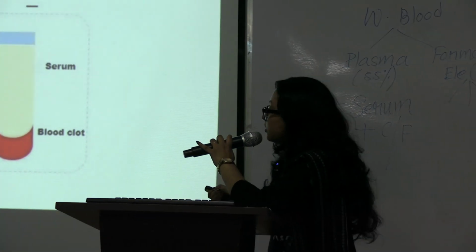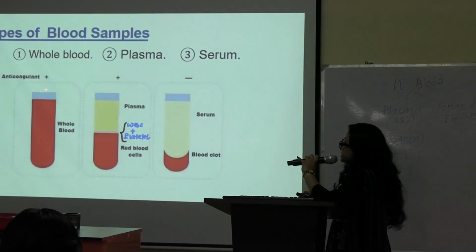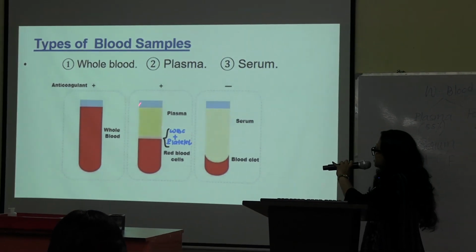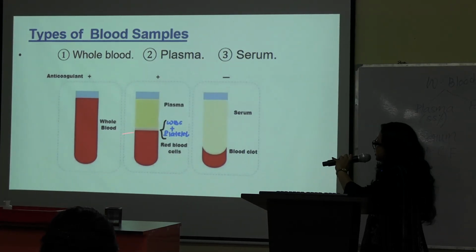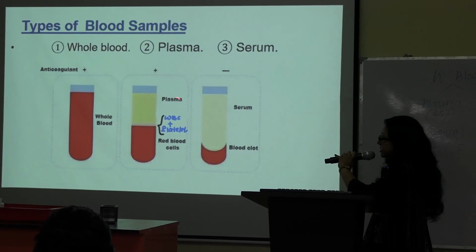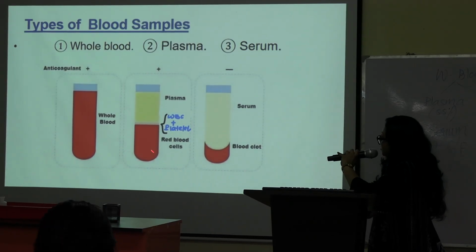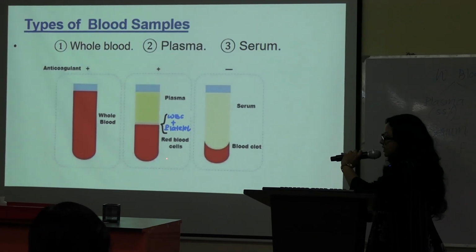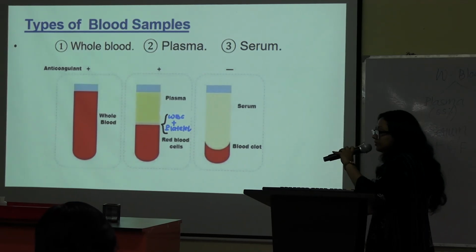So, this is the whole blood, this tube has anticoagulant. Okay? Now this tube is also having anticoagulant. If we centrifuge this tube with anticoagulant, we will get this supernatant, which is plasma. Now this is the RBC, which is the sediment, and in between these two layers, it is WBC and platelet, which is known as buffy coat.